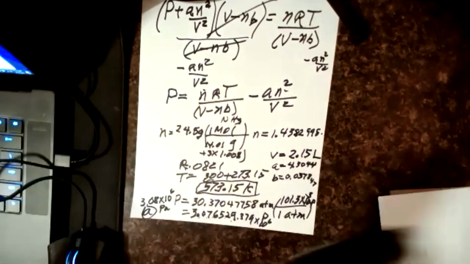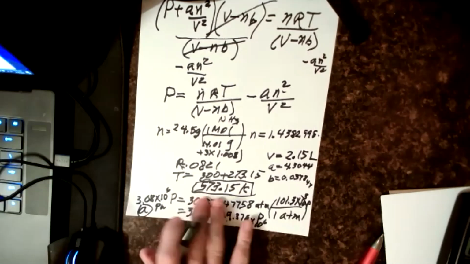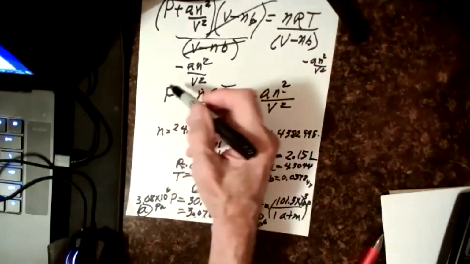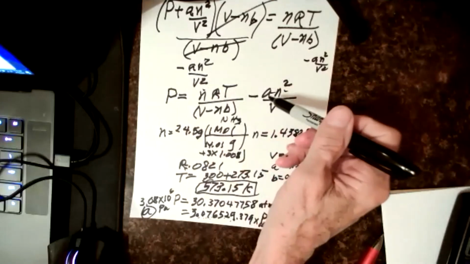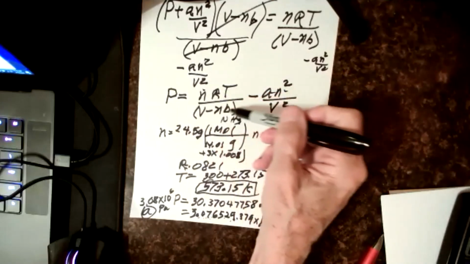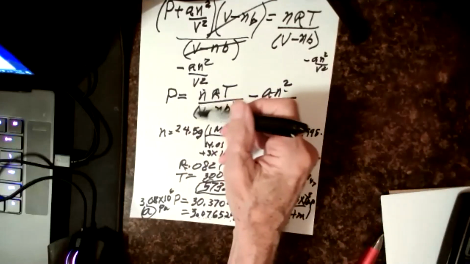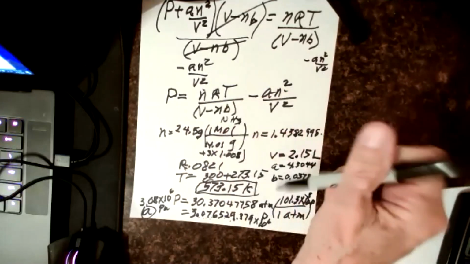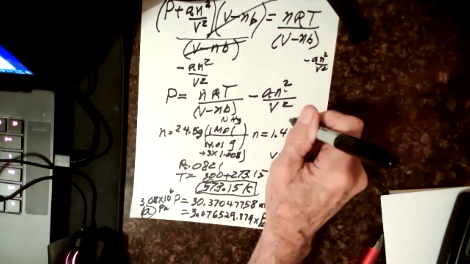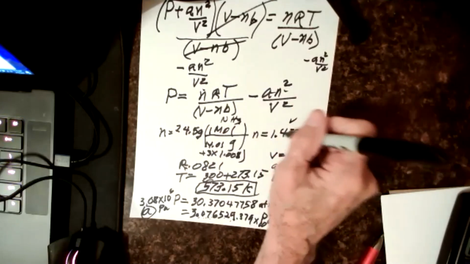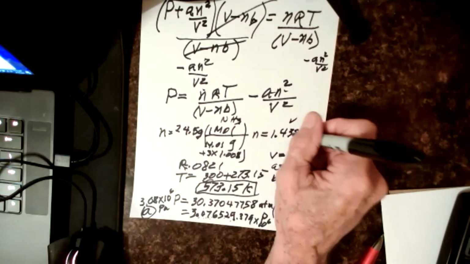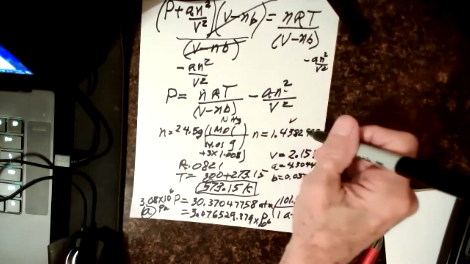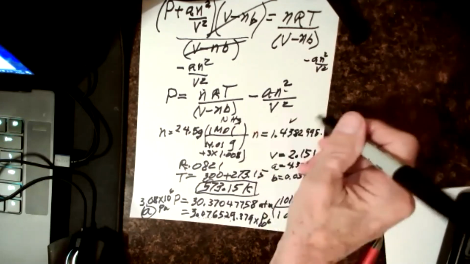Okay. So it looks messy, but if you get this set up right, if you solve for P correctly, then all you've got to do is plug the numbers in the equation. And we did our first calculation, we got moles, and then I didn't round that off to 1.4 or 1.44 or 1.438. I didn't round that off anywhere.